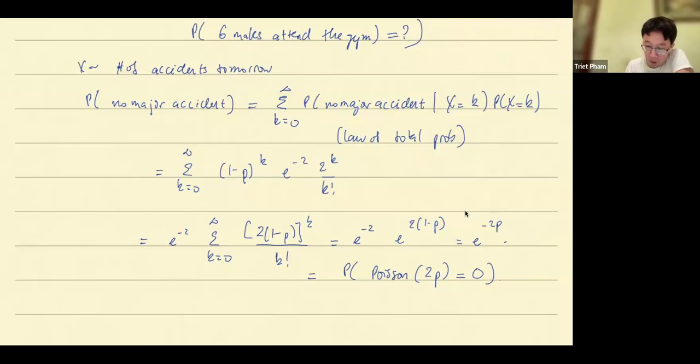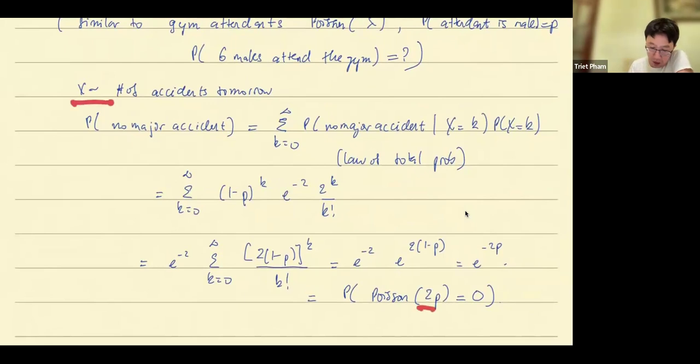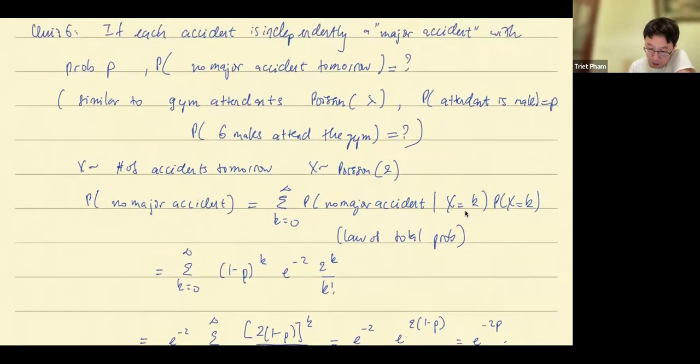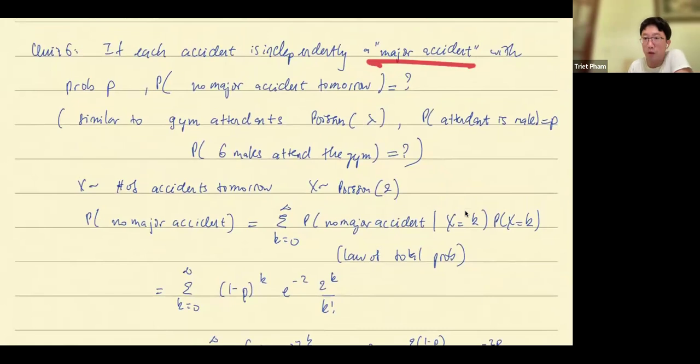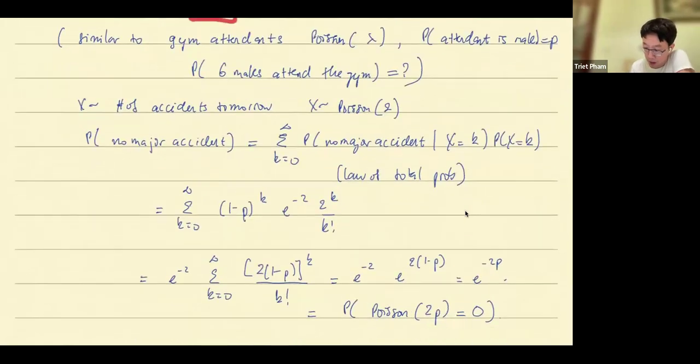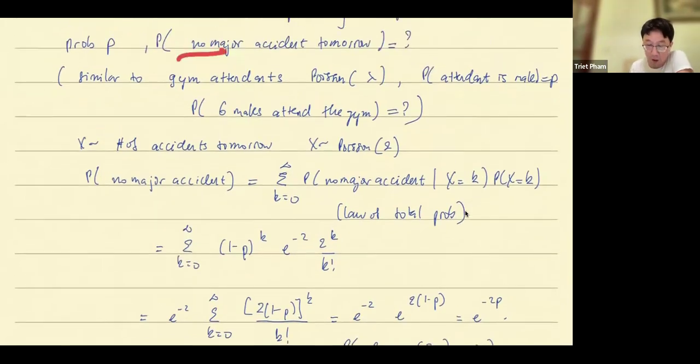Well, what is 2 and what is p? 2 is the distribution of X; X has a Poisson 2 distribution. P is exactly the probability of the major accident. So no major accident is the probability that Poisson 2 times p equals 0, where 0 of course refers to no major accident.